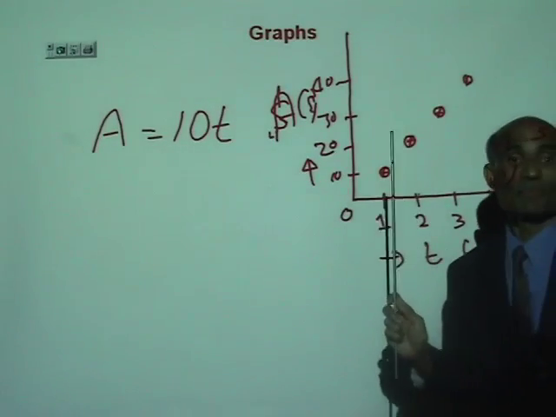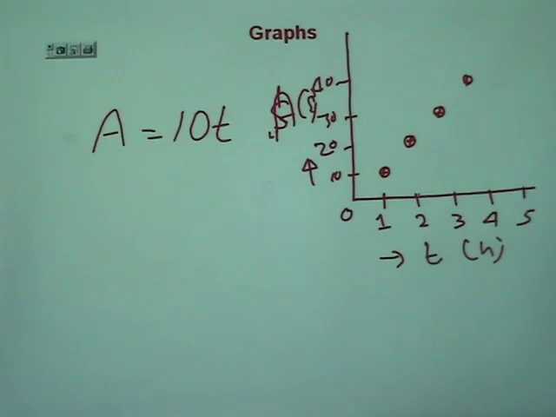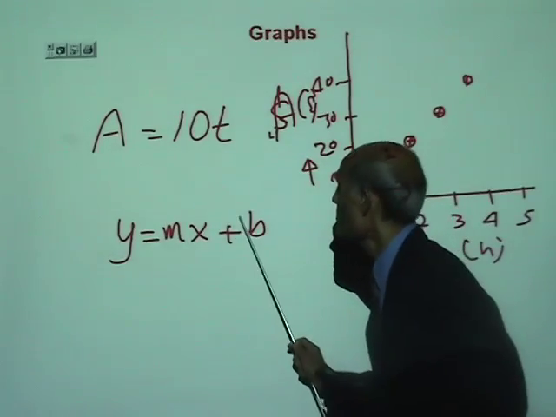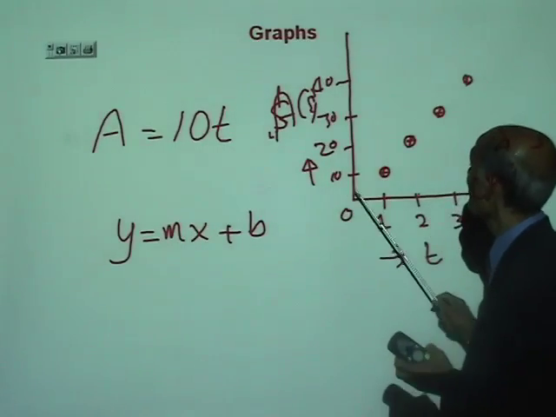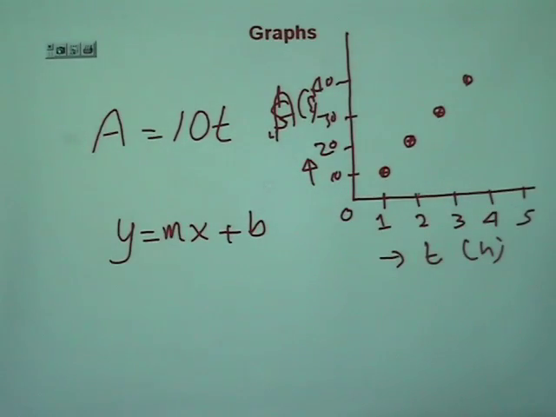Is that right? I think all of you know in algebra, we use the equation y equal to mx plus b. Can you tell me what that equation tells you? Well, b is called the y-intercept. Now if I draw that straight line here, this line passes through the origin.